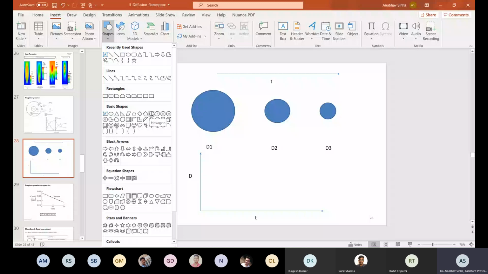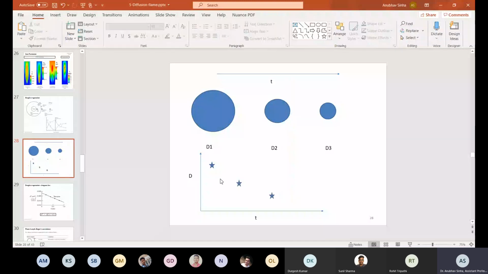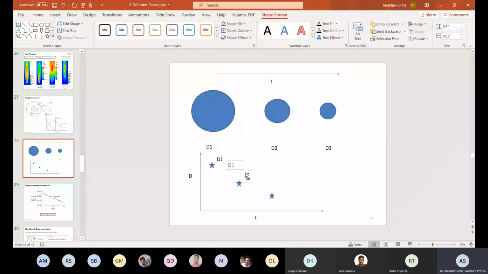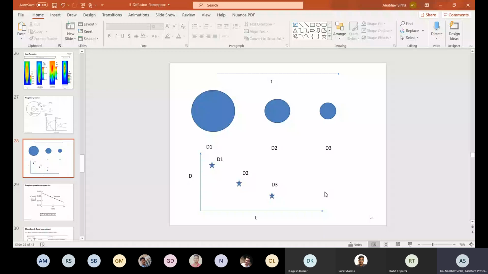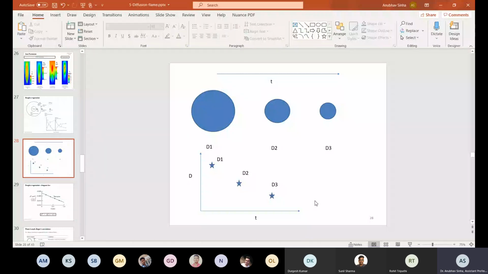This is D1, this is D2, right? Diameter is decreasing with time. This is D1, this is D2 and this is D3. Is this okay? I'm just measuring the size of that diameter and plotting it with time. It is decreasing with time.